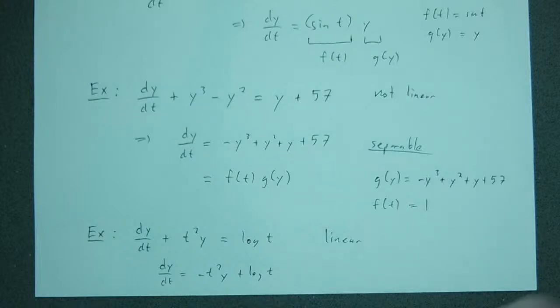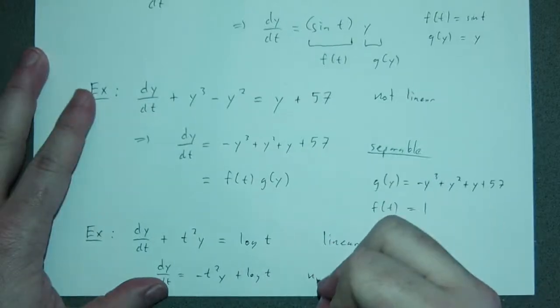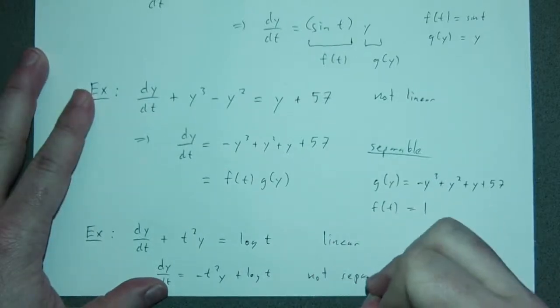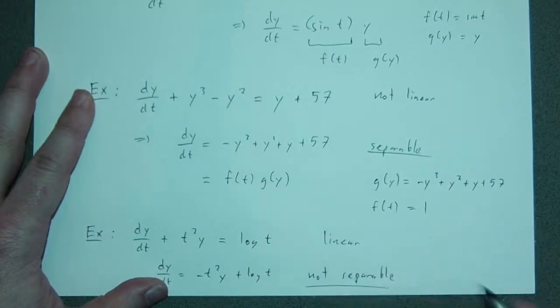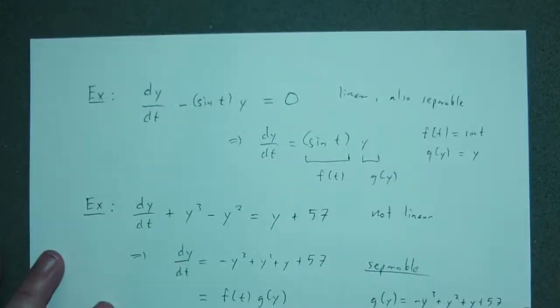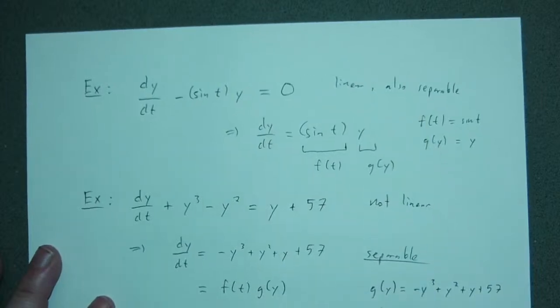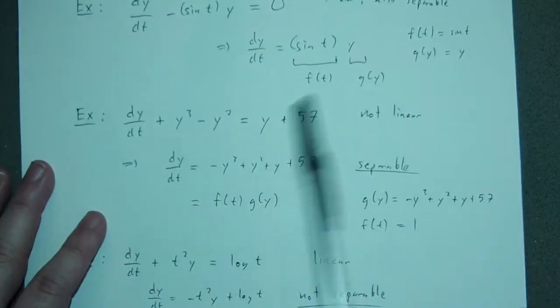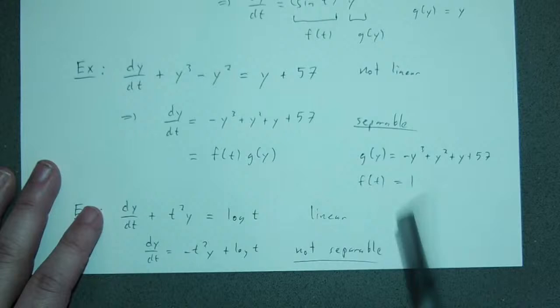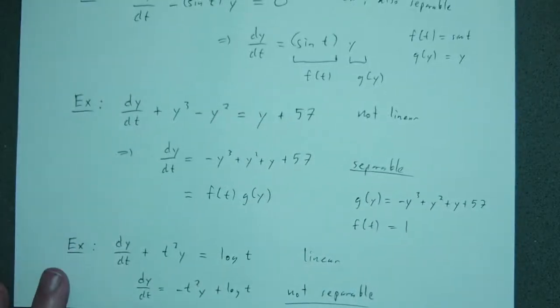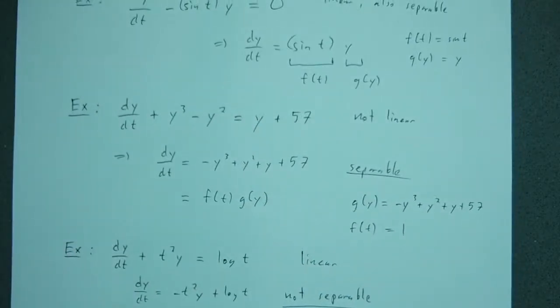I can't separate this out. This is not separable. So we've seen a bunch of different cases here: both linear and separable, nonlinear but separable, and linear but not separable. So any of those are possible.